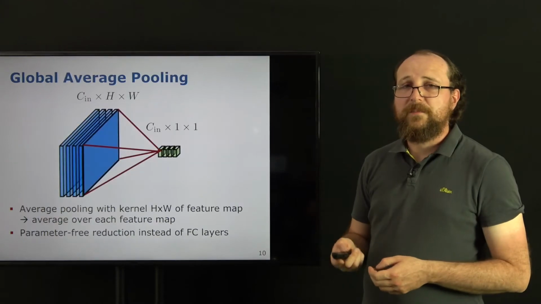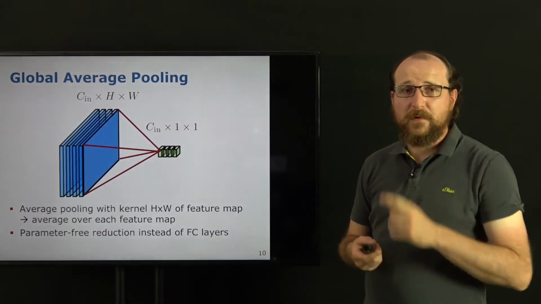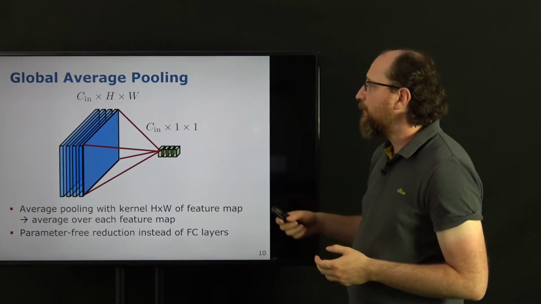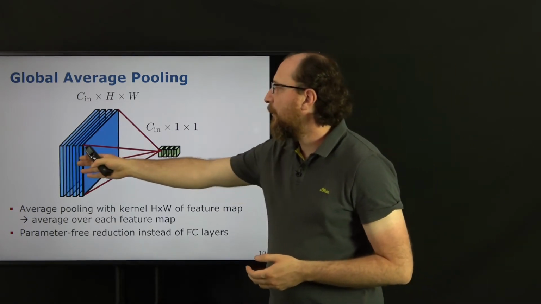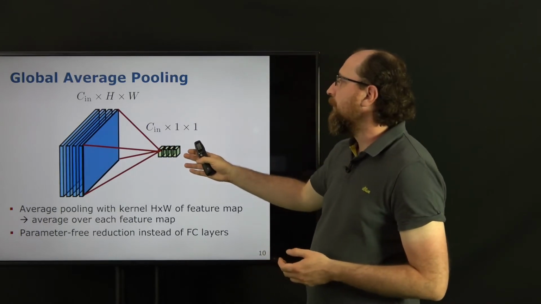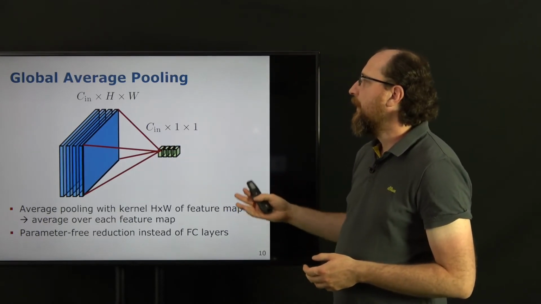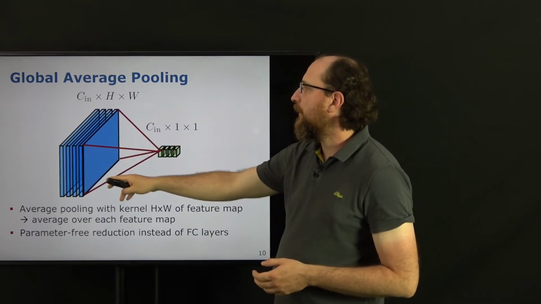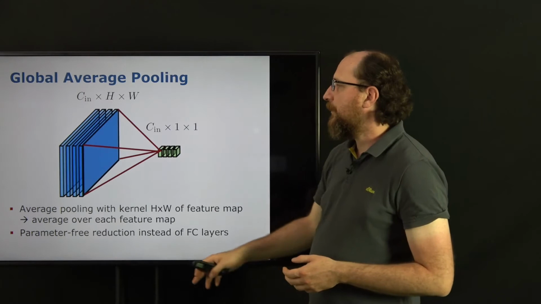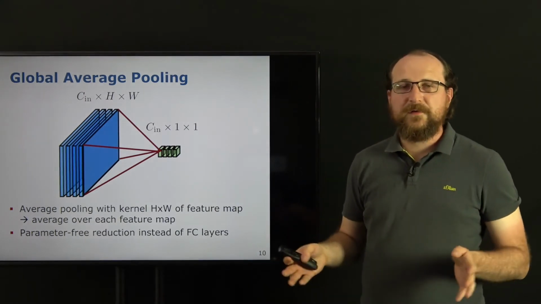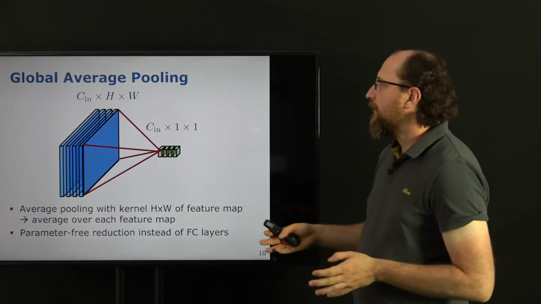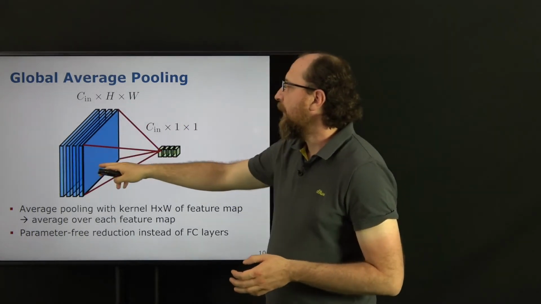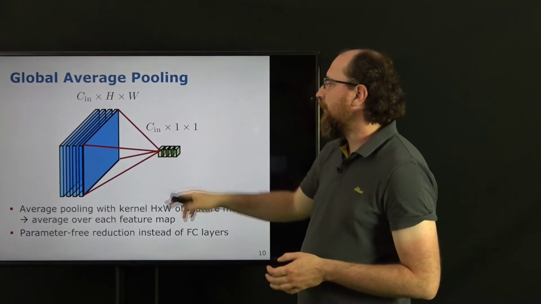One important part of this architecture was the so-called global average pooling, which enables the output to be reduced to a vector that we can then use further. The specific case here is that the average pooling now works on the complete feature map, so the size of the average pooling kernel is h times w. This is applied to each feature map, and then this produces one number.